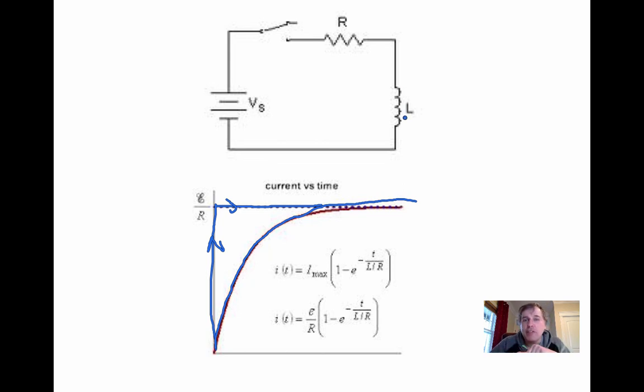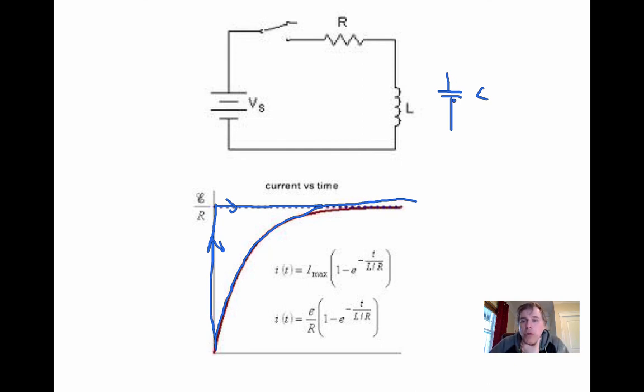This is the opposite of a capacitor. If you had a capacitor here instead of the inductor, with some capacitance C, what would it do? At the instant you close the switch, if the capacitor is initially uncharged, it offers no resistance.